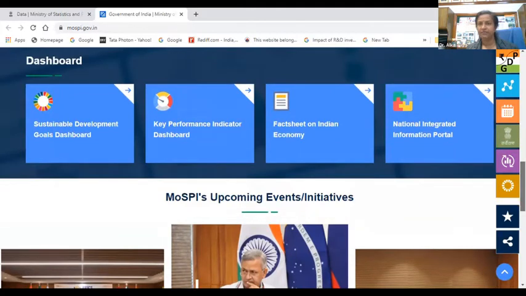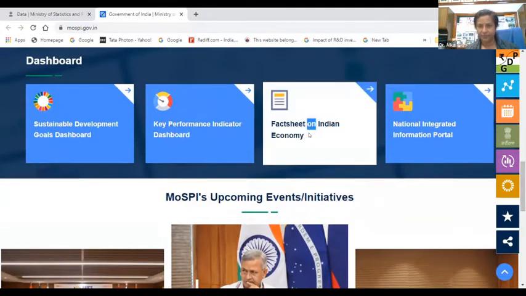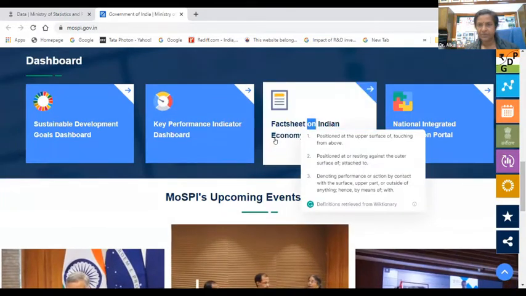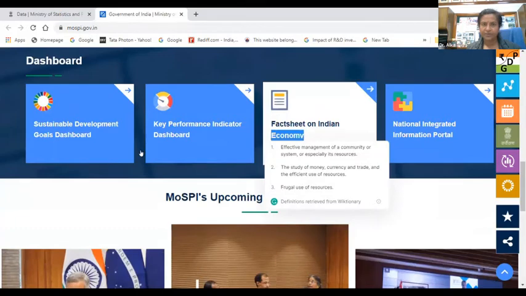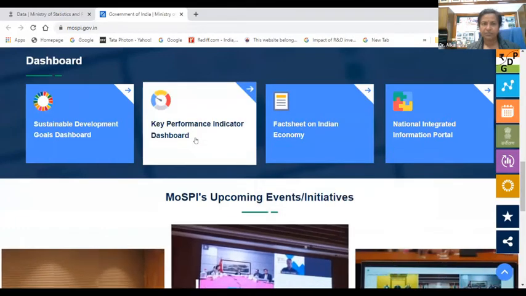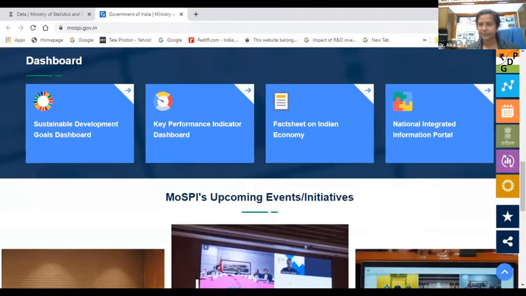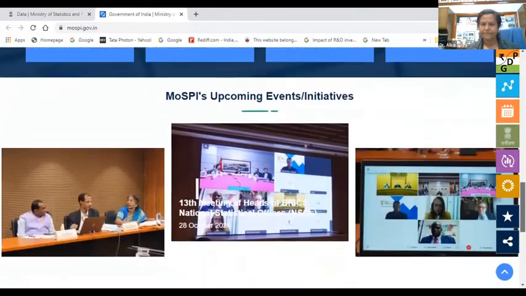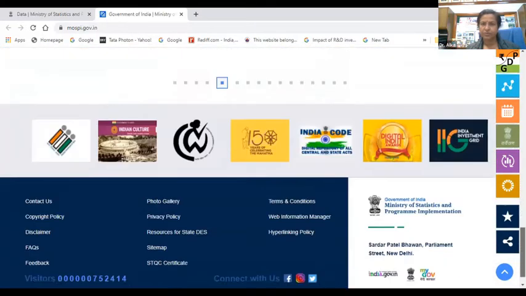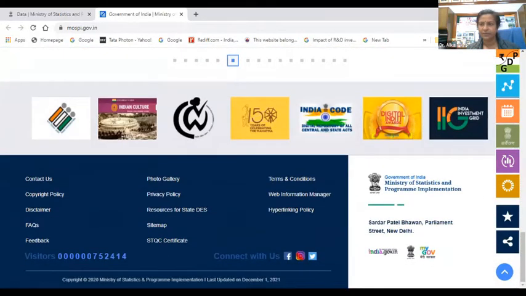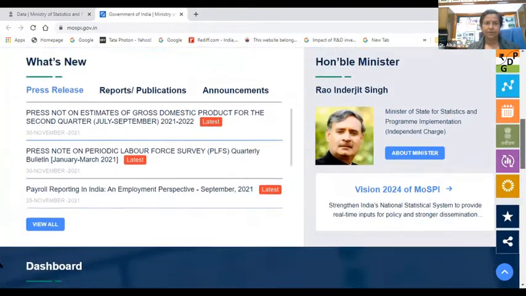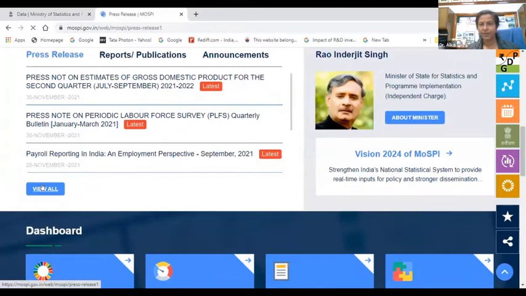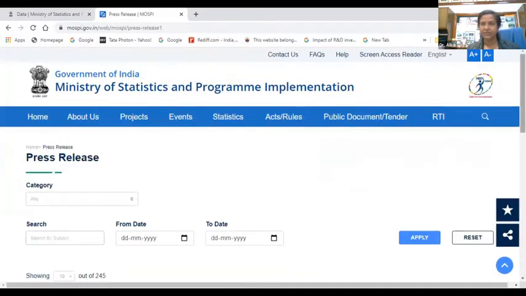So that fact sheet of the Indian economy. It's not opening, I think. Yes. Key performance indicators. It is not opening like that this time. But if you view all, you will get all the recent data.